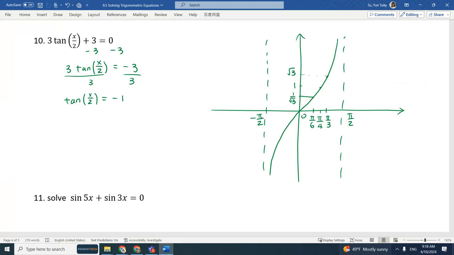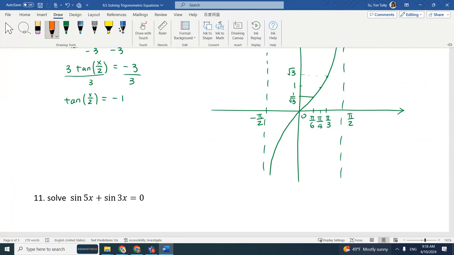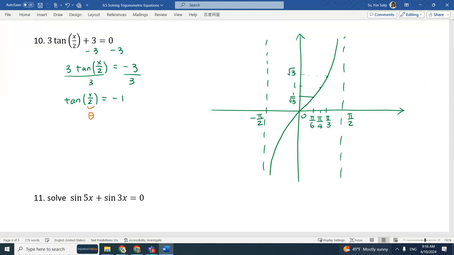Right, everybody? Okay. Now, look at this. The angle is not exactly x, so let's call this theta, and this is tangent theta. And we are looking for when tangent theta equals -1. So look at this picture. This is 1, then this point is -1.